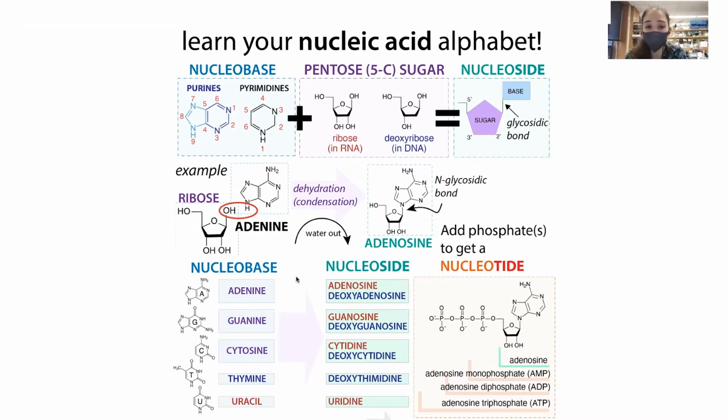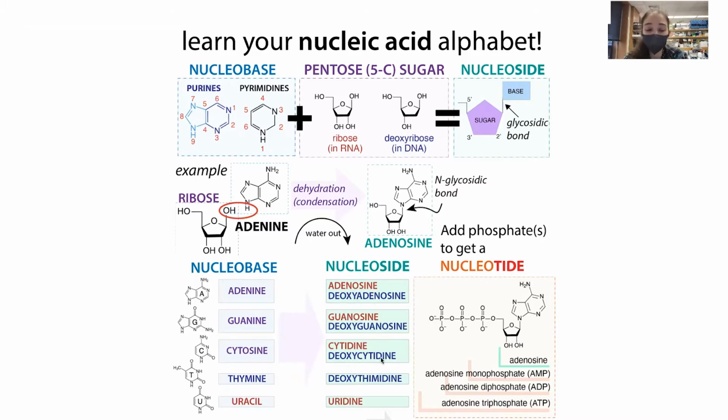When we go from a nucleobase to a nucleoside, so when we add a sugar, the names change. The purines get an -osine ending. So adenine becomes adenosine, guanine becomes guanosine. Cytosine trips me up because it has "sine" in its nucleobase name, and it becomes cytidine.